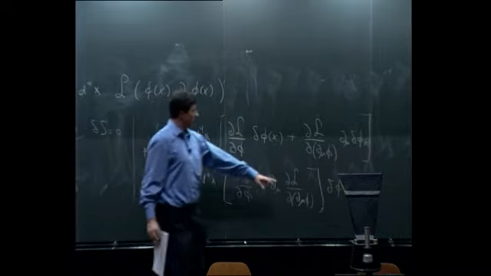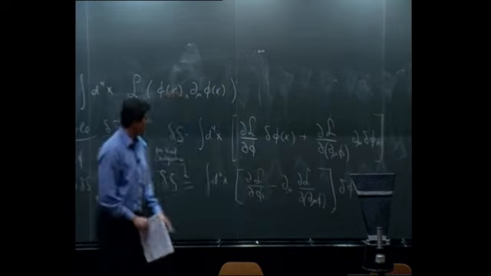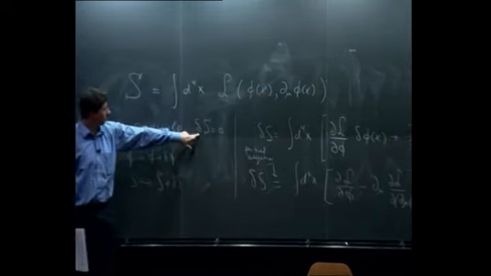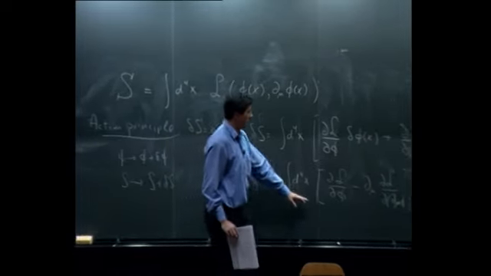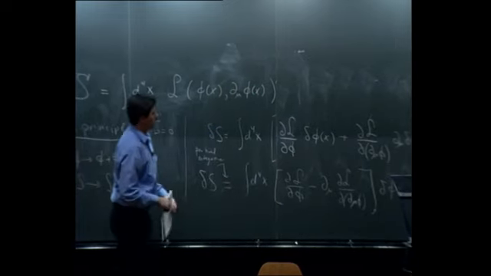Gives me some arbitrary function which is the variation of phi times this expression. And so imposing now the variation principle that indeed the variation of the action is equal to 0 gives me a field equation, and the field equation is precisely that this expression should vanish.